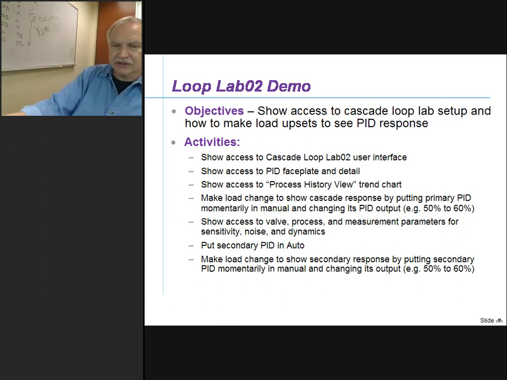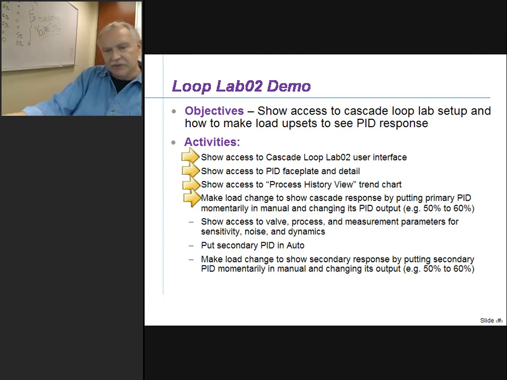So the activities: we're going to access the Cascade Loop Lab user interface, access the PID faceplate in detail, and the process history view trend chart. We're going to make a load change to show the Cascade Loop response by putting the primary PID momentarily in manual, the key word being momentarily, and changing its output from, say, 50 to 60%.